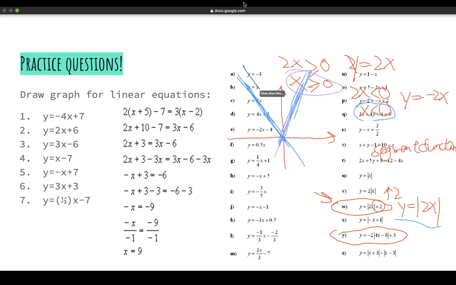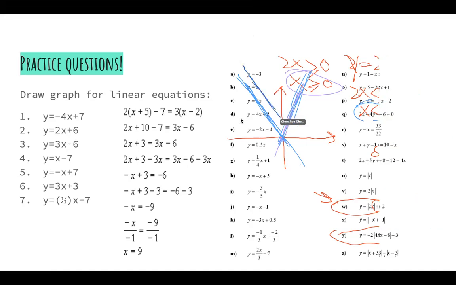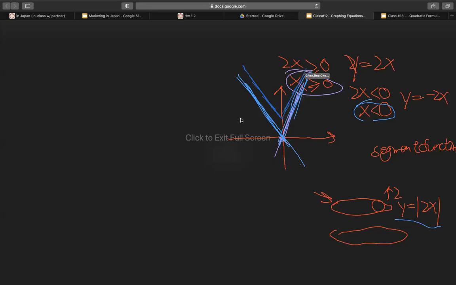So it basically looks like this, the dark blue one. And here is 2. The distance here is 2. So we finished this problem.